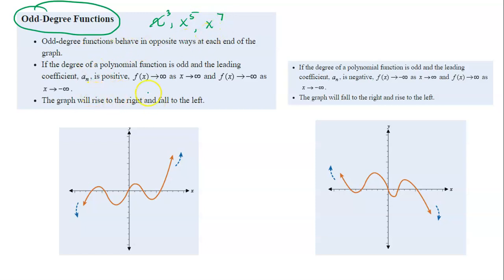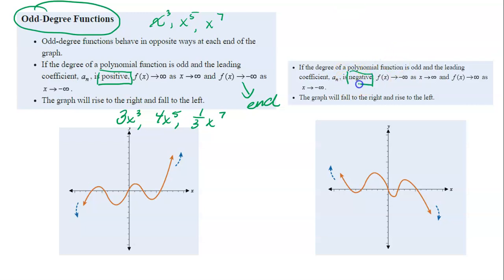Okay, odd degree functions. If the leading term is positive, so 3x cubed, 4x to the 5th, 1/3 x to the 7th, then this is our end behavior, and it's going to rise to the right and fall to the left. Okay, this is kind of a rough what it's going to look like.